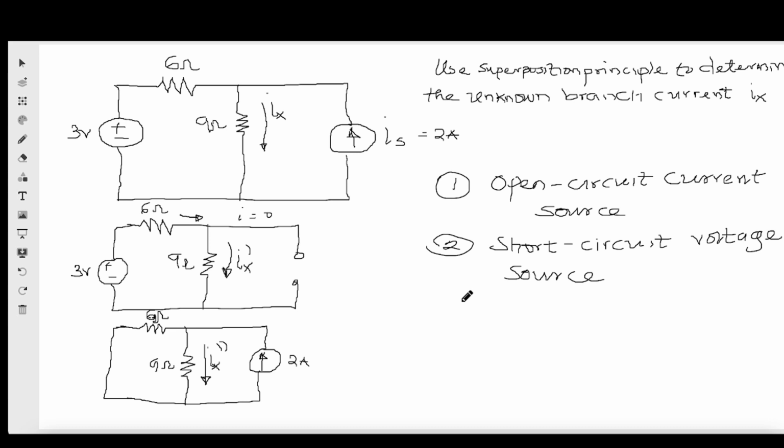Voltage division, so that we can know the voltage on 9 ohms. The current we want to get is the current flowing through 9, right? Or if we can get Ix straight, because the same current is going through 6 and 9.